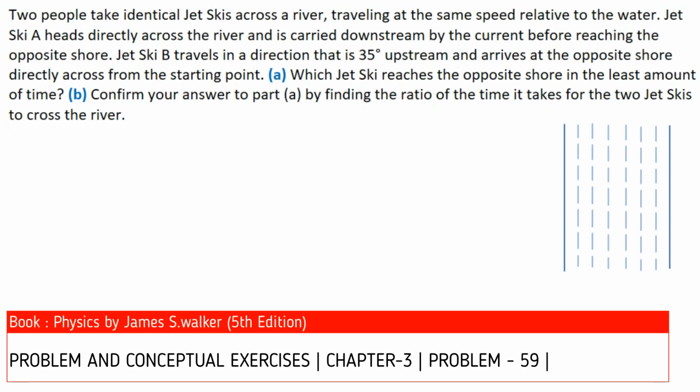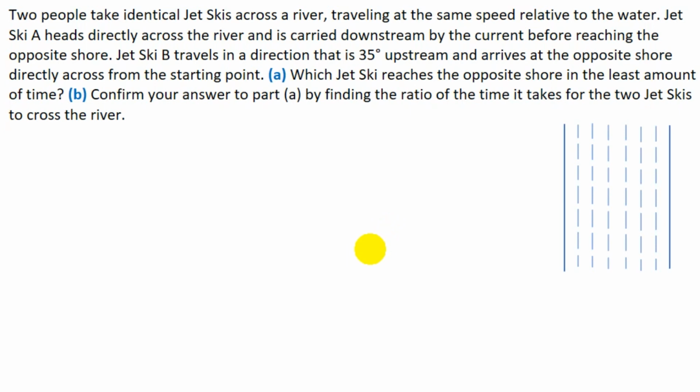This will be the last question of this video, and it's a very interesting question, so pay attention to it. It says that two people take identical jet skis across a river, traveling at the same speed relative to water. So there are two jet skis, A and B, and they're traveling with the same speed relative to water.